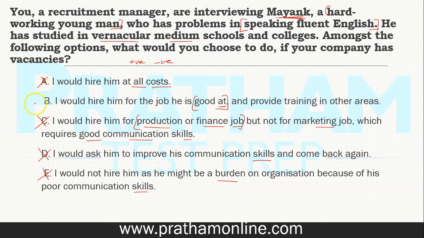So, of the choices being given, I would go with B, give him the job, whatever he is good at, and whatever my requirement is. For the remaining, I can find somebody else, but at a later stage, I can provide Mayank with training in other areas. Hence, B is one of the best choices that I can identify here.